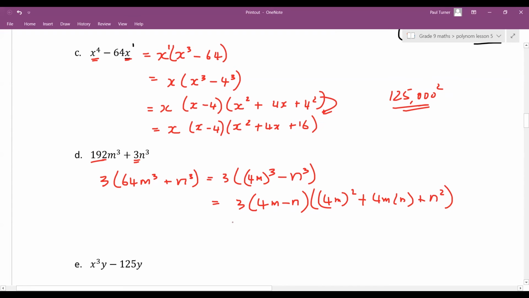Yeah, so you've got to be careful with your signs when you're not paying attention like me sometimes. So 4m minus n, this will be 16m squared plus 4mn plus n squared, like that.